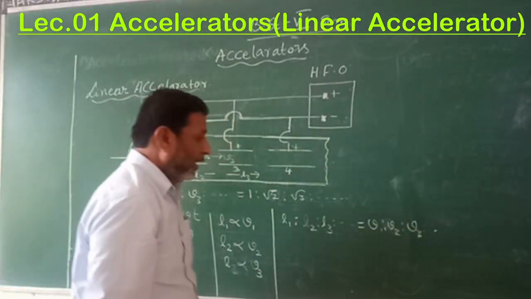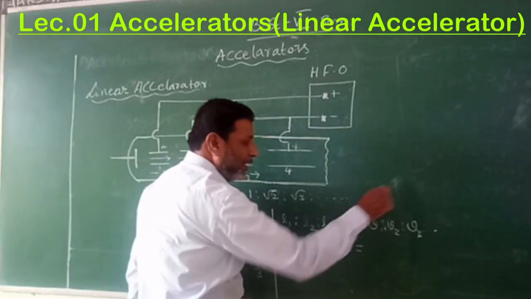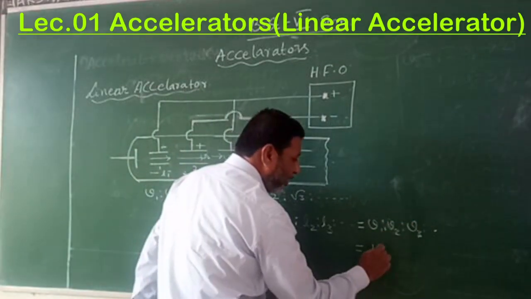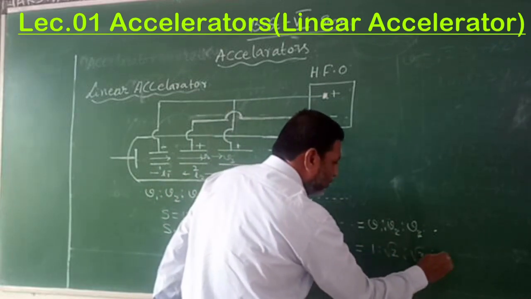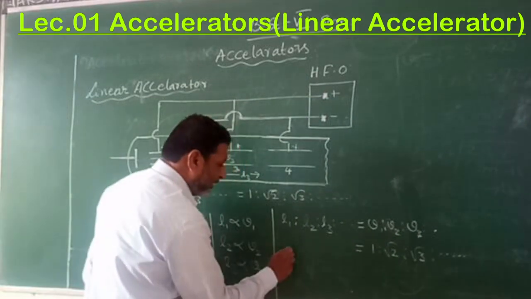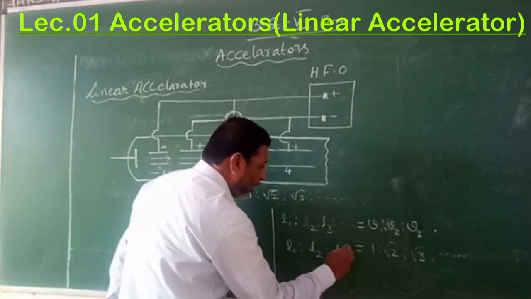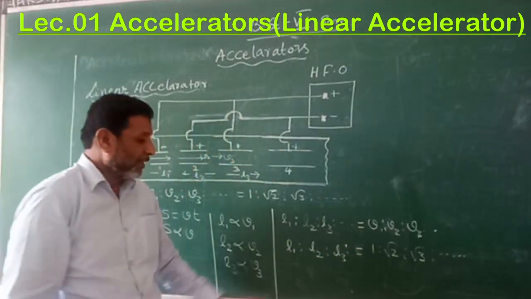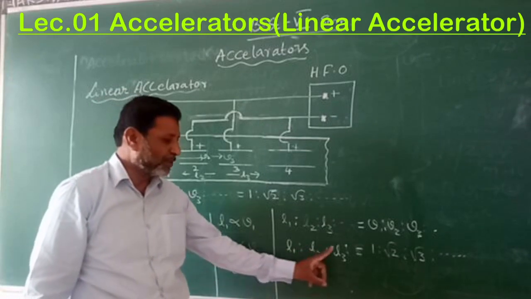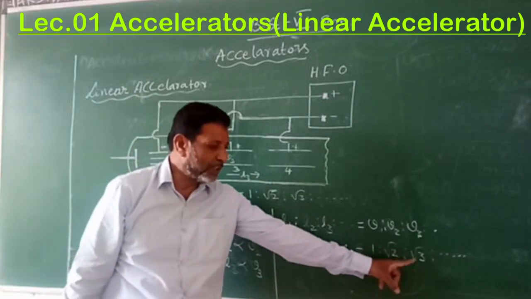Now you have to know that V1 is to V2 is to V3 are in the ratio 1 is to root 2 is to root 3 and so on. That means the lengths of the tubes are in this ratio: L1 is to L2 is to L3 is equal to 1 is to root 2 is to root 3, etc.